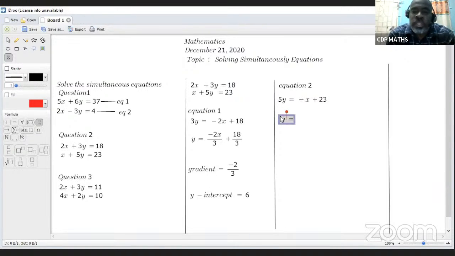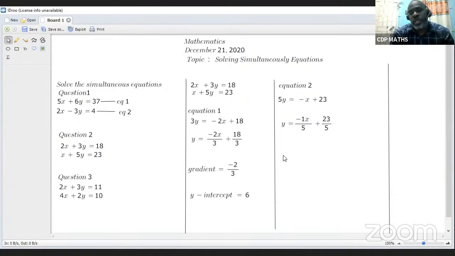So y is equal to negative, let me put a 1x just in case, and you can see how we get that. It's actually negative 1x over 5, divided by 5 rather, plus 23 divided by 5, and one person wrote 4.6.